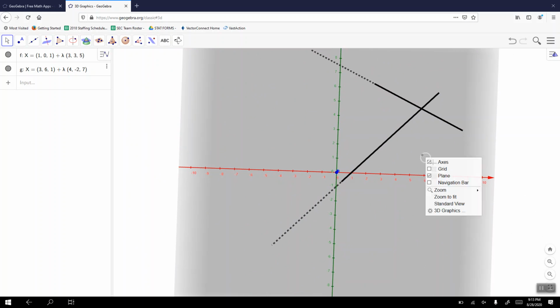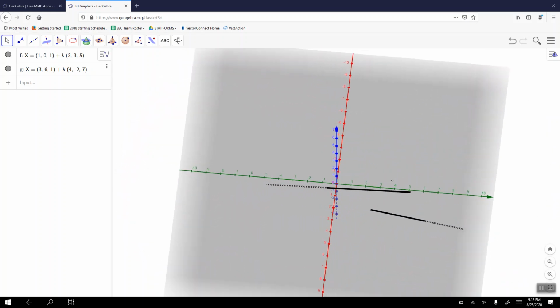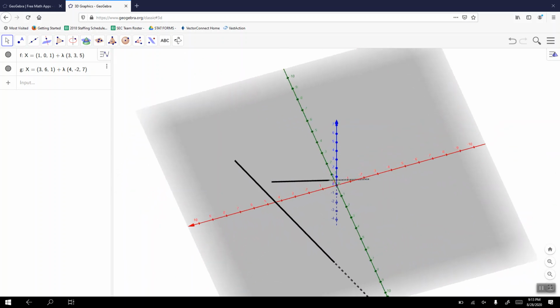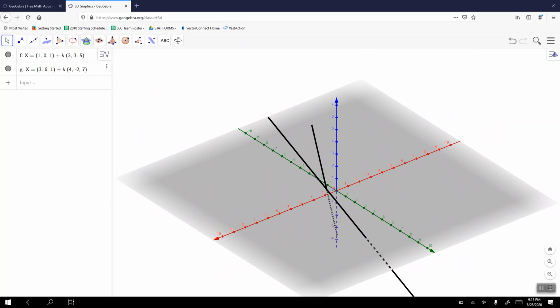However, in R space 3, that's a big no. These lines are skew. So this is the visualization that we get for these parametric equations of the line, that they do not intersect. Okay, so that's awesome. I hope you enjoyed that visual.